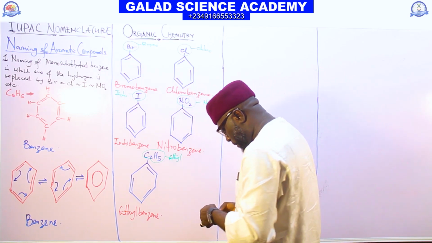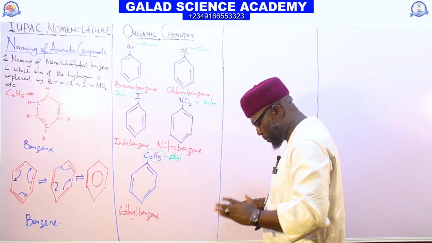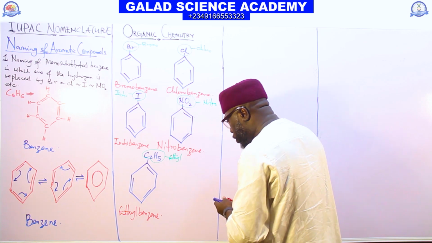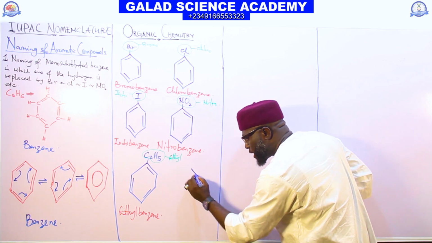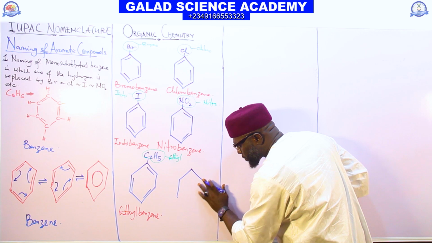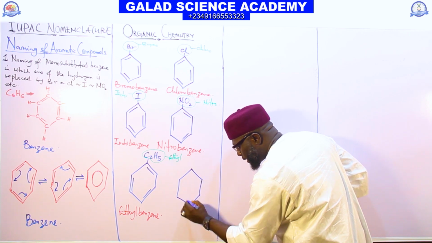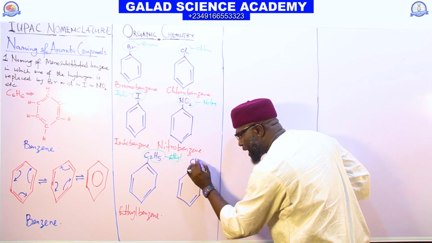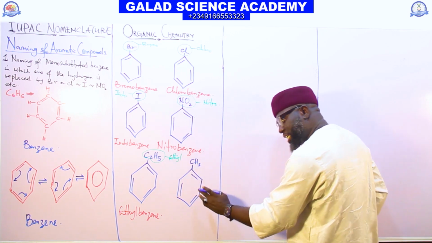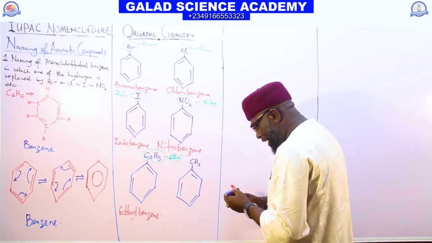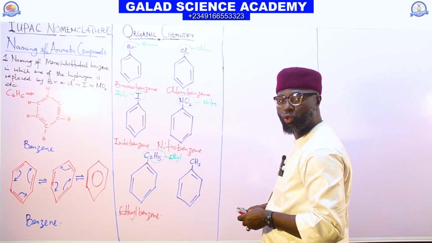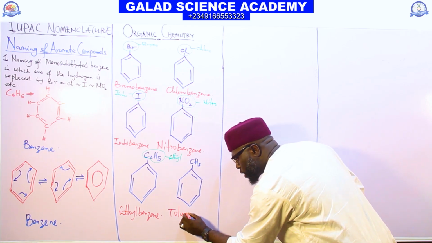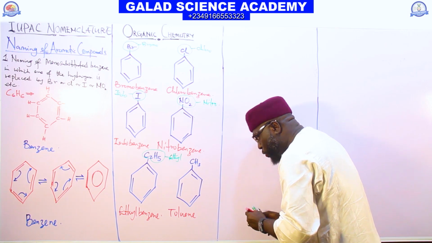So all these compounds are called mono-substituted groups. And again, we have some that have their own common name when they serve as substituted groups. Like this one now, if you have a benzene structure attached to CH3, the general name for this compound we call toluene.